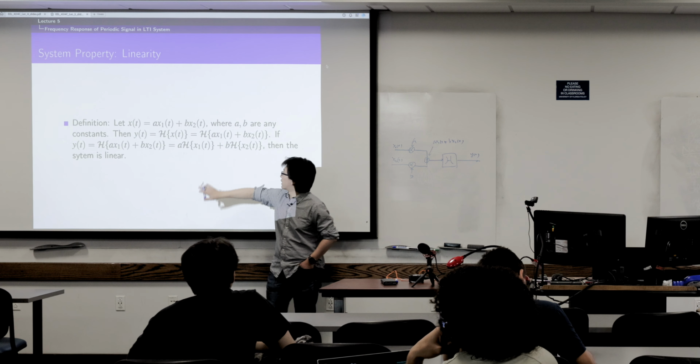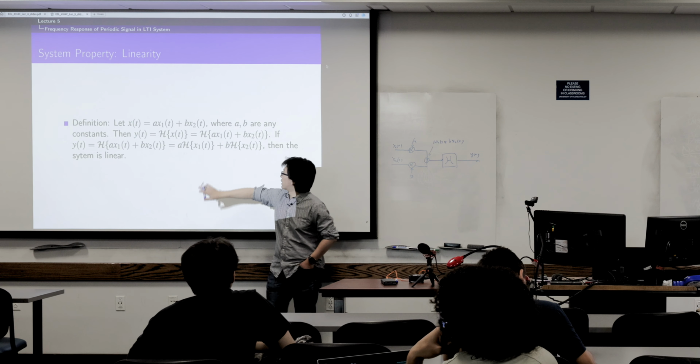Then we add them together, and the output is a times h of x1(t) plus b times h of x2(t). If they are equal, then we say the system is linear. You can see the difference here is nothing but the location of the system. Here is the system, and here is the system.